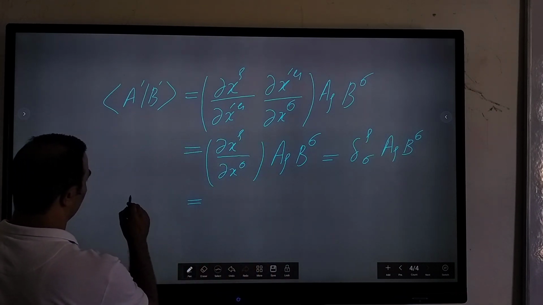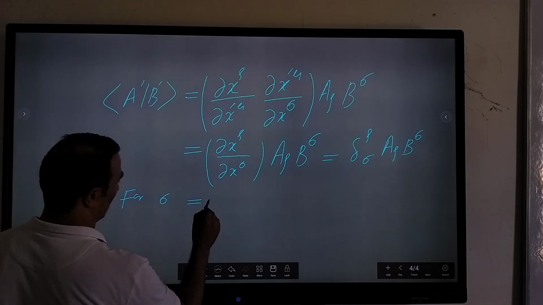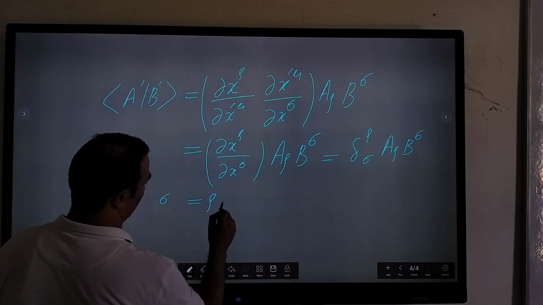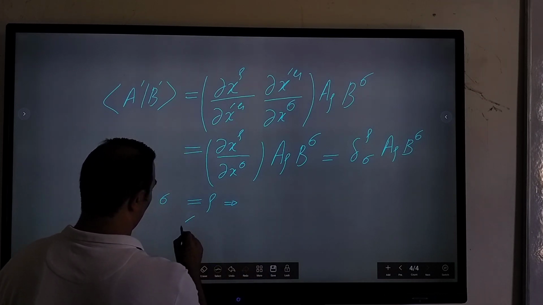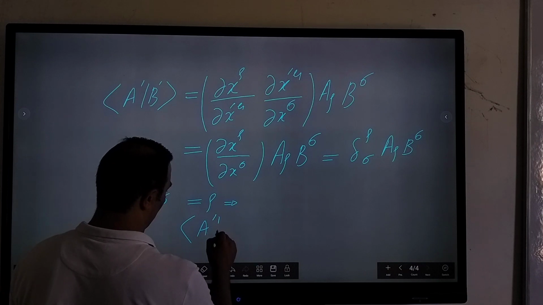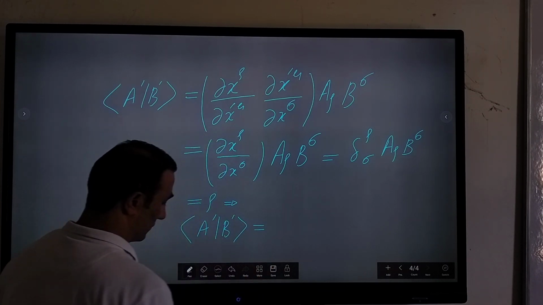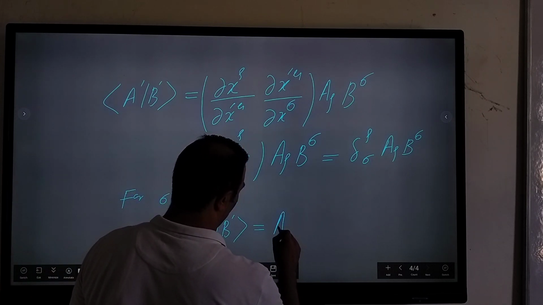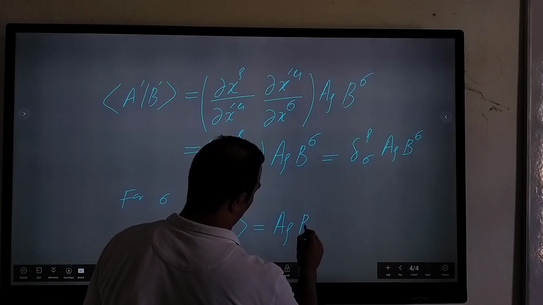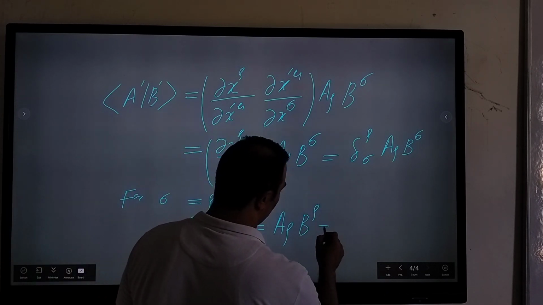So for rho equal to sigma, you can write this as that. This is simply that.